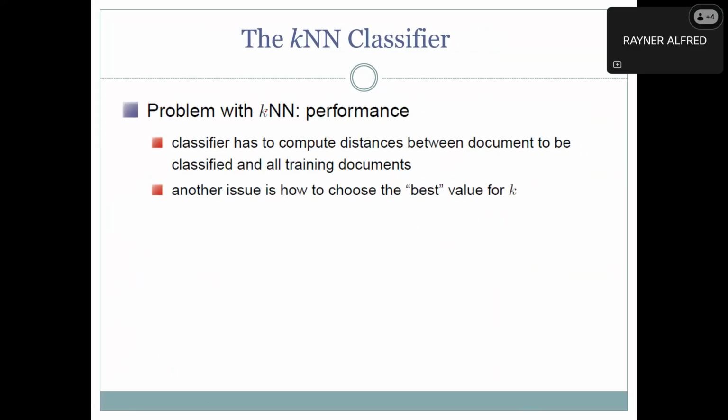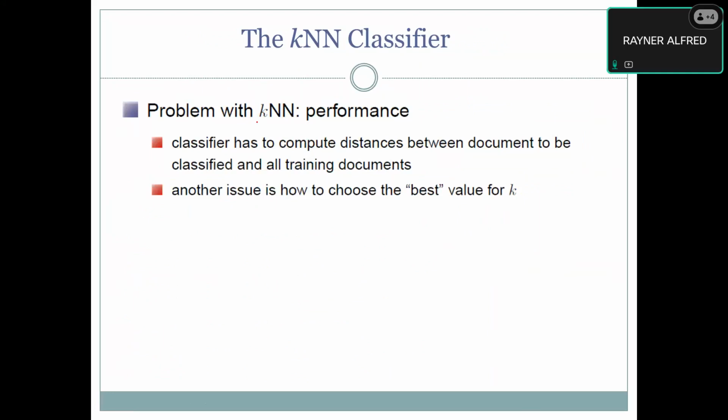The problem with KNN is that if you have 1 million or 10 million data in your data set, that means you need to compute 1 million or 10 million times, because you want to find the distance between the new document and the documents that you have in your database.